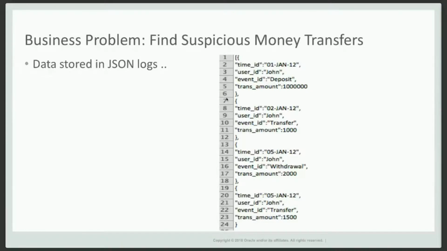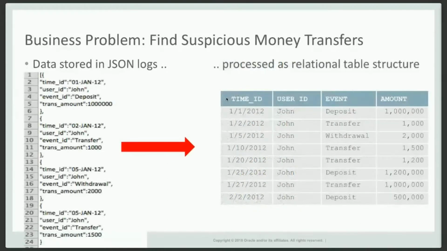With 12c, we added the ability to process data in JSON format directly. So if you've not come across this, we can actually do JSON data processing directly in the database. What it allows us to do is take the key value relationship on the left and convert that very simply to a relational table structure.